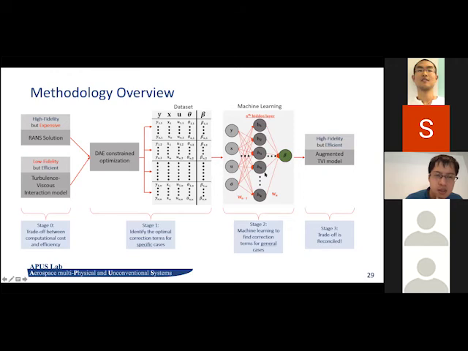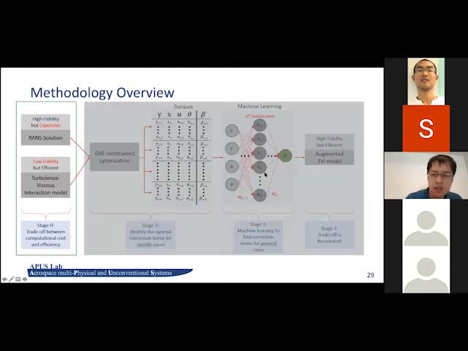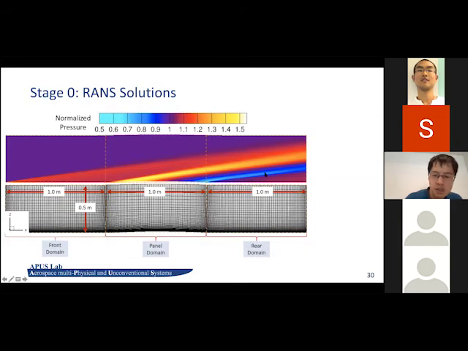And here is our current methodology, but it's still evolving, where we have these 3 stages, not counting stage 0. I'll go through this quickly to show you the procedure. We first start with the RANS solutions, which is quite normal.